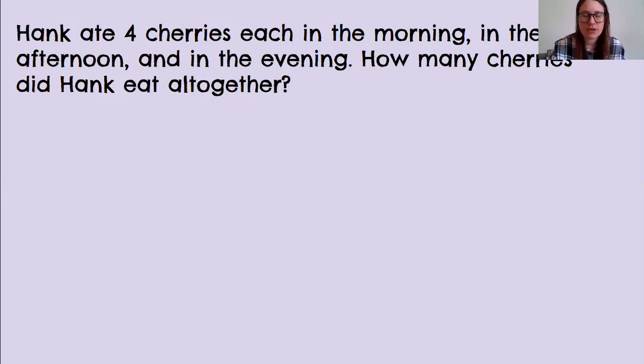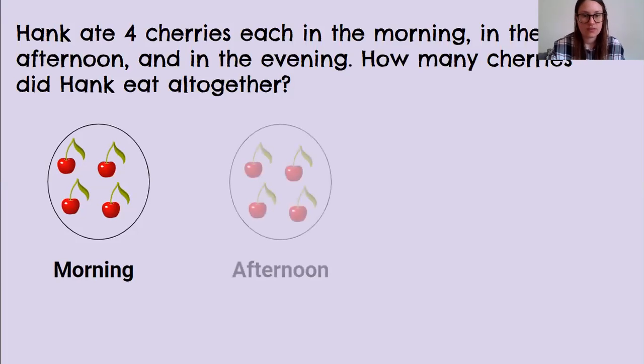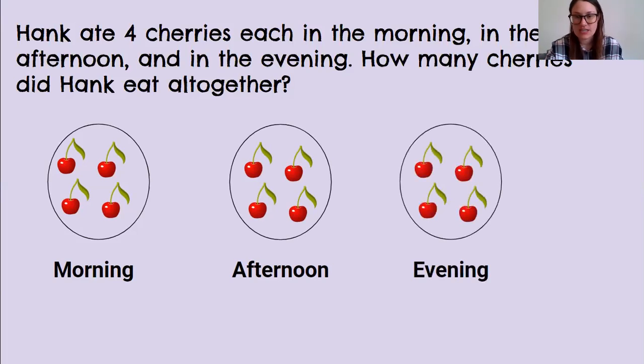So if I wanted to draw a picture, he ate 4 cherries in the morning, 4 cherries in the afternoon, and 4 cherries in the evening. So by drawing out a picture of the 3 different times that he ate 4 cherries, I've come up with a picture with equal groups. 4, 4, and 4.